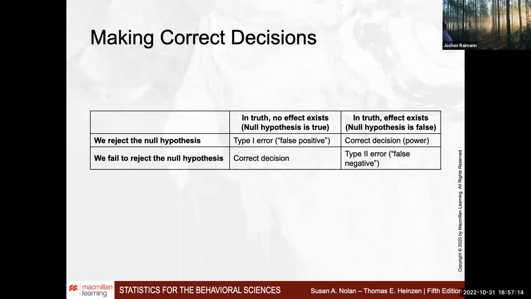Same thing here. If you have no effect, you can either say there's nothing, or you can say there is something, but then you make a type 1 error. So the respective probabilities in these columns add up to 1 or 100%. And that's important because statistical power is essentially 100% subtracted by the beta.